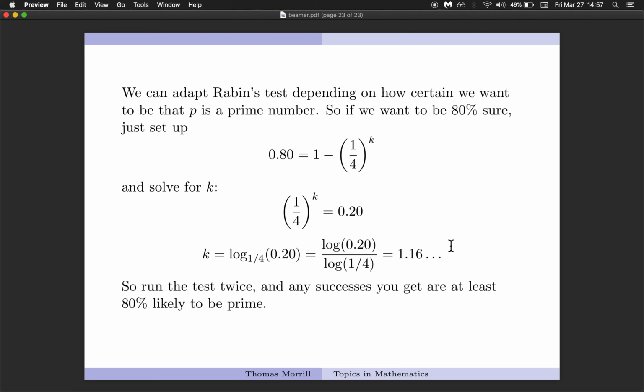And I've got some good news. I'll fill in the details with next week's lecture. The good news is this actually works. And the reason it works goes back to some really important theorems in analytic number theory, which is the application of calculus to number theory.